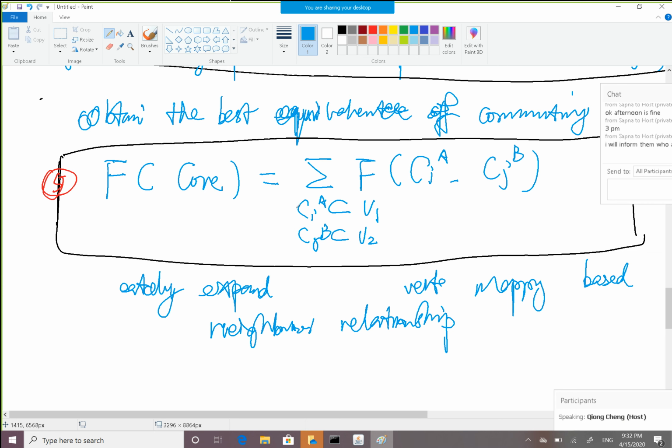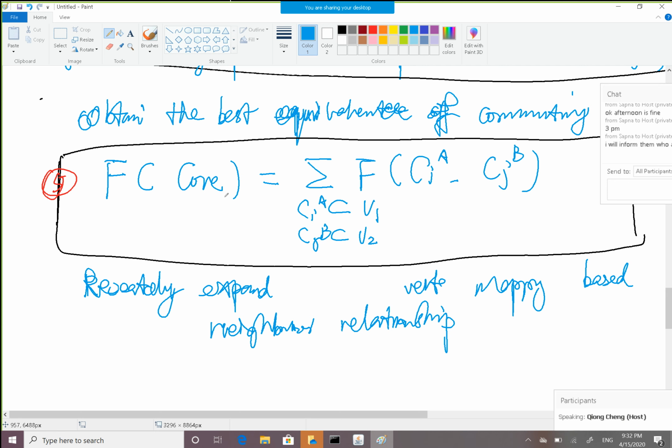But because A is a friend of B and B is a friend of C, A is also a friend of C. So this relationship can be transitive. It can be counted based on multiple steps, right? In that case, it's a two-step neighborhood relation. This is repeatedly expanding the vertex-to-vertex mapping.